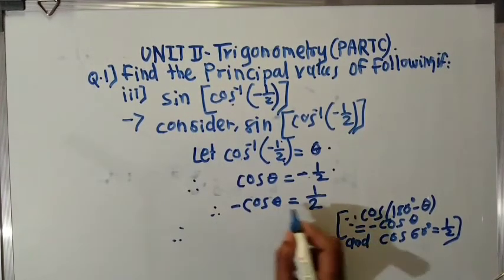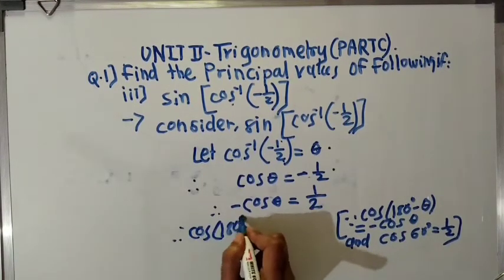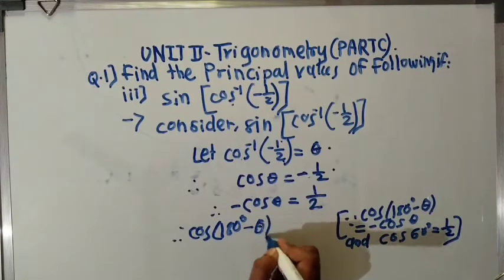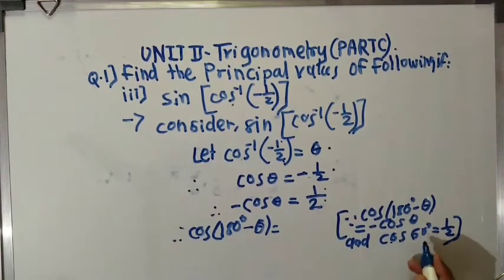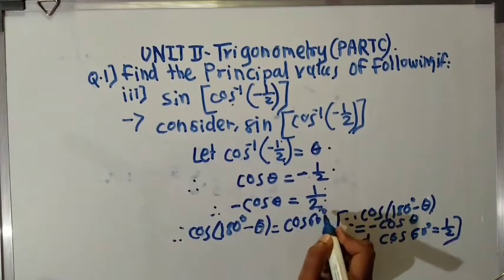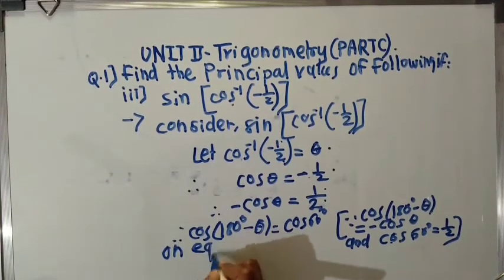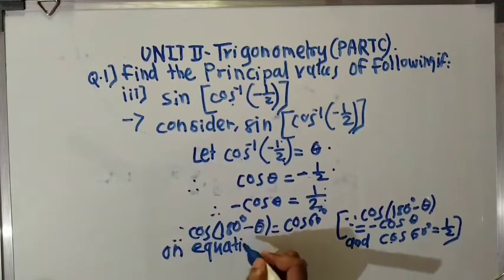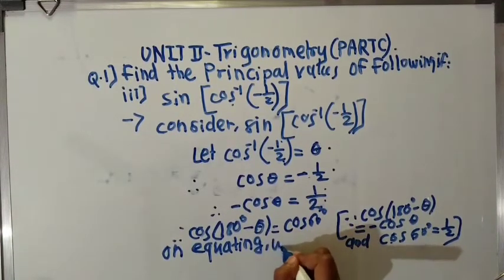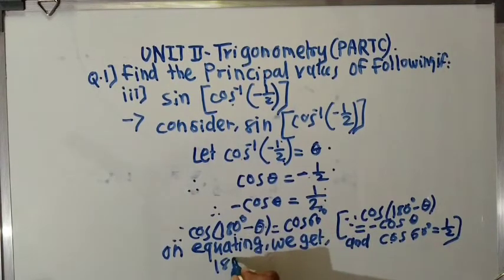Hence, minus cos theta is the cos of 180 minus theta, and 1/2 is the cos 60 degree. Hence, on equating both sides, we get 180 degree minus theta is equal to 60 degree.